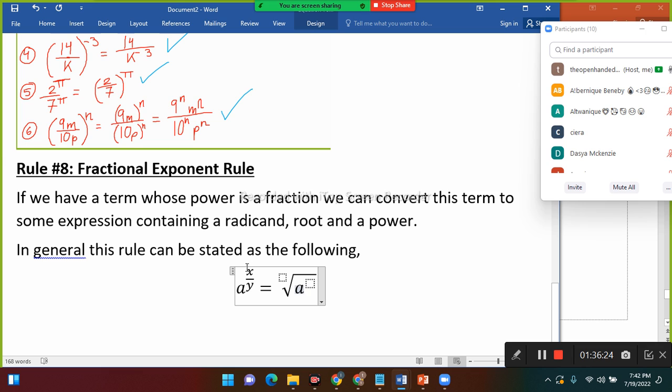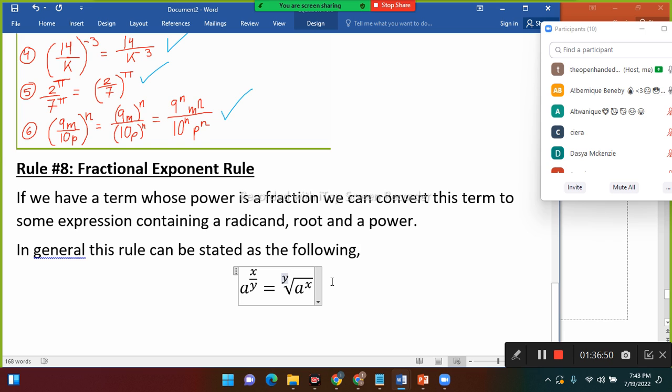The top number, which is the numerator, becomes the power, so that's x, and the bottom number is the root, so that's y. The bottom number is the root, which is y, and the number at the top is the power.